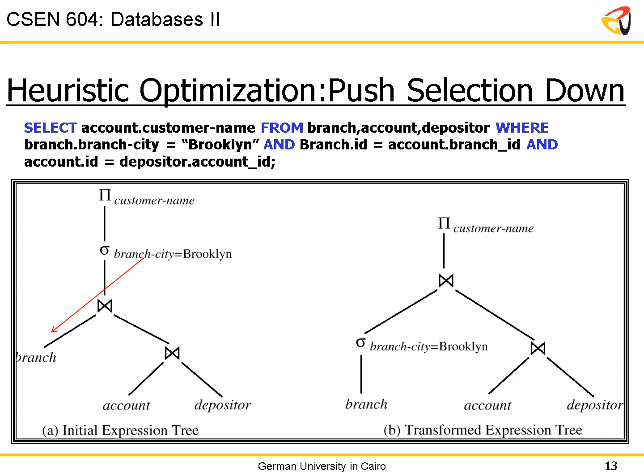So the first heuristic says, push the selection down in the relational algebra tree as much as you can. So let's look at this sample query. It says select account.customer name from branch, account, depositor. So I have three tables. This is probably part of a banking system: a branch table, an account table and a depositor table.